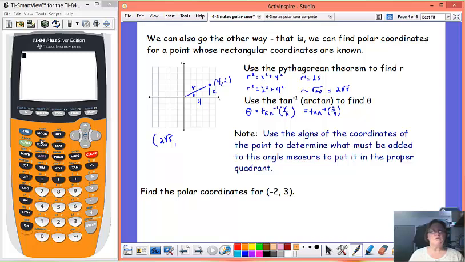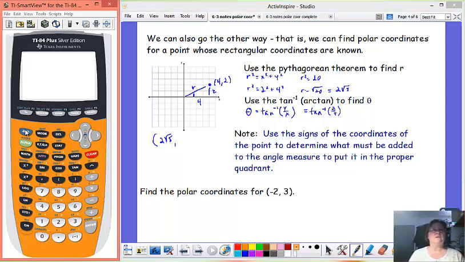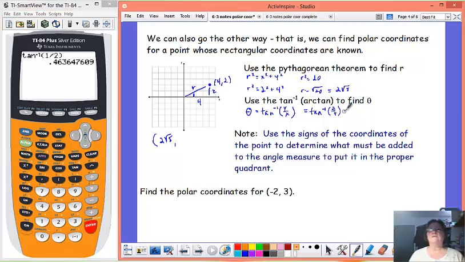I am in radian mode, and I'm going to keep myself in radian mode. Second and tangent of 1/2, it reduces to, and I have about 0.46 radians. If I needed to, I could turn that into degrees very easily by multiplying by 180 and dividing by pi. I'm going to do that right now.